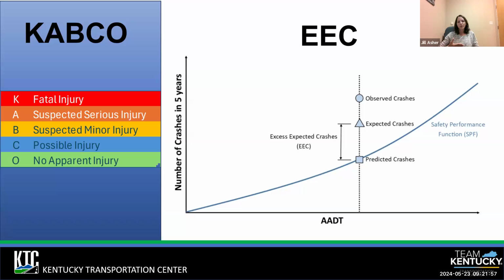If it's above 0, that's kind of where you want to look at your safety and do an ICE, on that previous slide we were talking about. If you want more information on these things, KYTC has a DDSA implementation plan on its DDSA site, data-driven safety analysis, and it goes into a whole lot more detail on both KABCO and EEC.